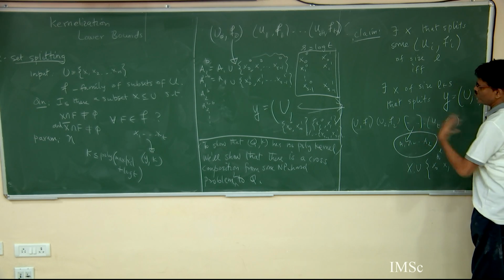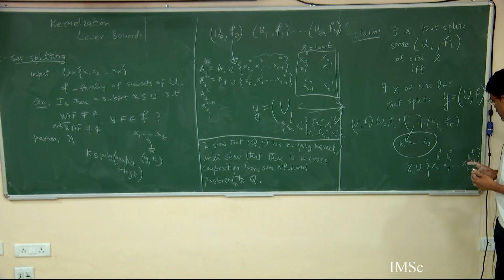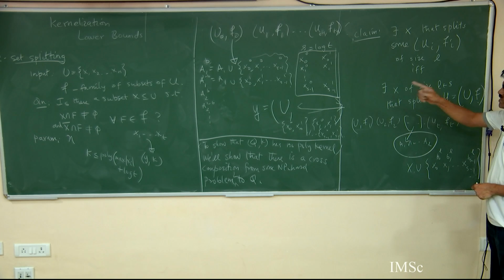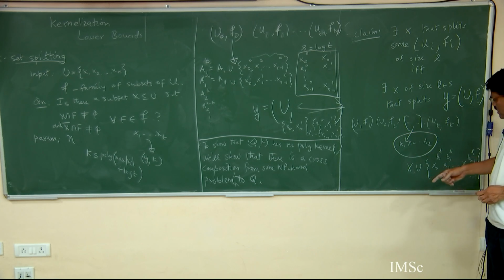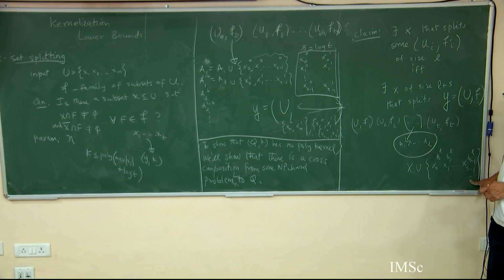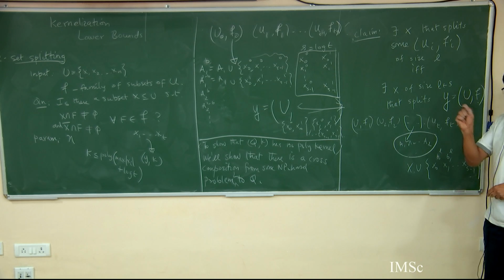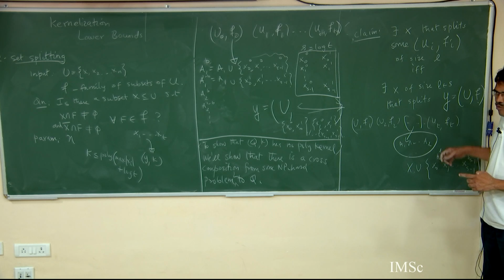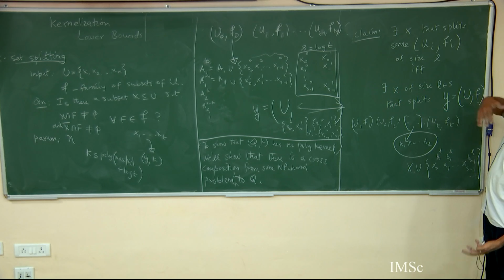But if you go to every other Fi, each Ai in that set has one of these guys, but they will differ. The binary bit will differ in one of these positions, both in A1 and A0 and A1.